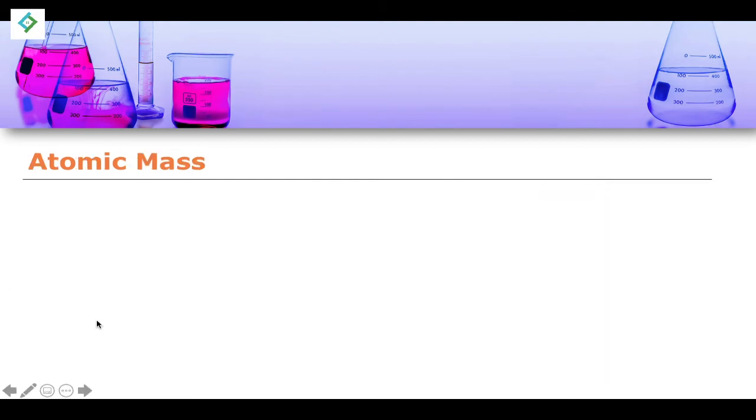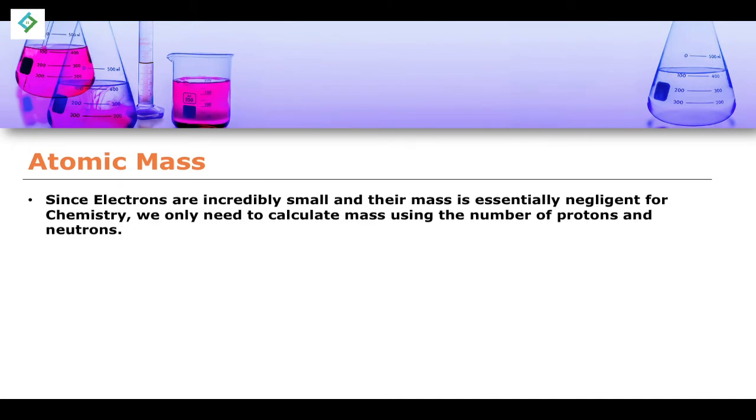So atomic mass is something that's quite important. But how do we determine atomic mass for the purposes of chemistry? Well, since electrons are incredibly small, something that we looked at in the last lesson, their mass is essentially negligible for the purposes of chemistry, because compared to neutrons and protons, it is not worth considering.